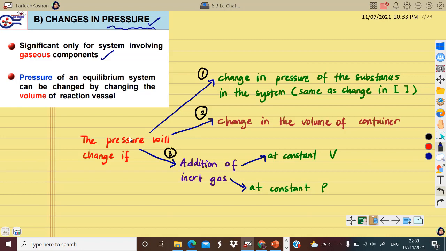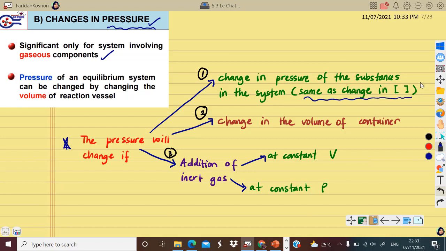Okay, jadi sekarang kalau you tengok pada saya punya catatan ni, you nampak the pressure will change. Pressure of the system, ataupun component of the system itu will change if ada beberapa cara. Yang pertama, change in pressure of the substances in the system. Okay, kalau kita ubah pressure mana-mana substances dalam sistem itu, so kesannya ini sama macam kesan perubahan concentration.